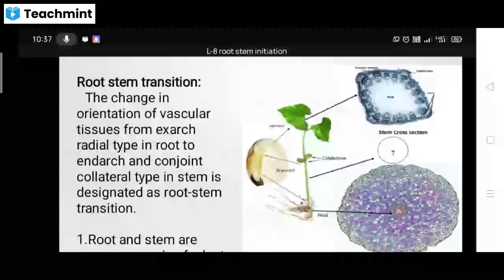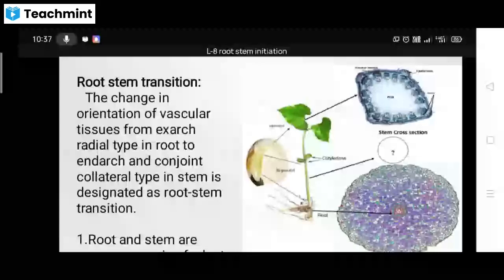That means the exarch radial type present in the root is changed into the endarch, conjoined collateral type in the stem, and all this is designated as root-stem transition.